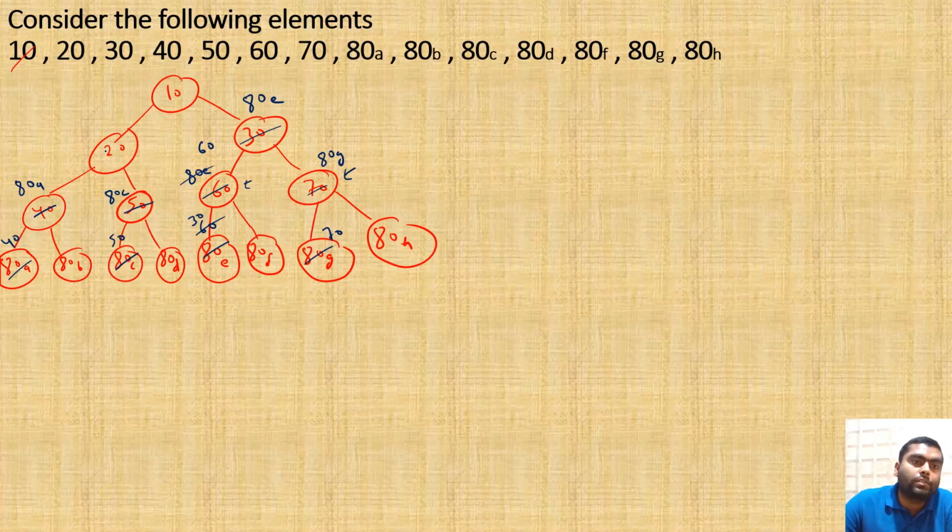Now this point will be replaced with 80a, this with 40, and this will be replaced with 20. Okay, and finally 10 will be replaced with 80a. And this 80a has gone, so this is 40, and this is 20.